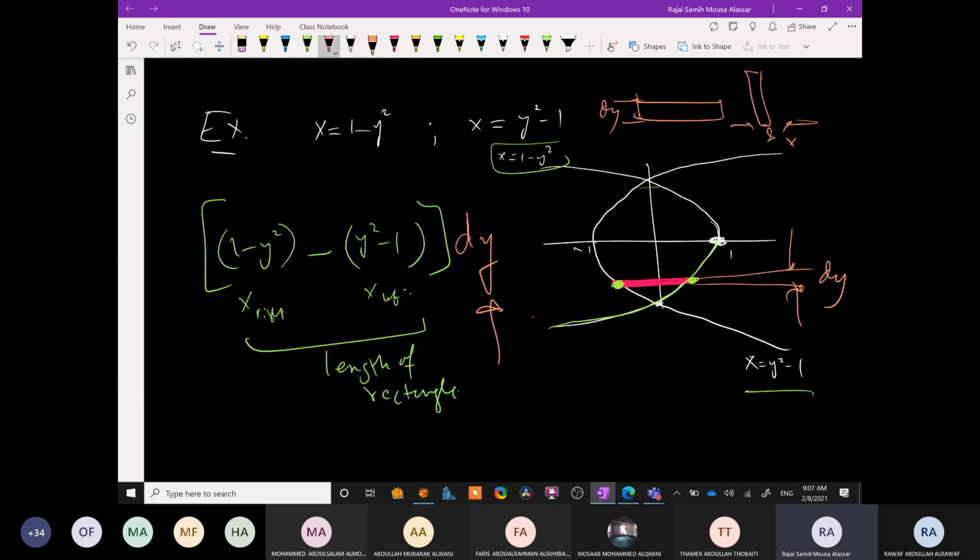I will add all these rectangles, and they are going to go in this direction. So I have to put an integral from where to where? From -1 to 1. That's the intersection, which means that when x is equal to 0, then y is plus or minus 1. So this is from -1 to +1.